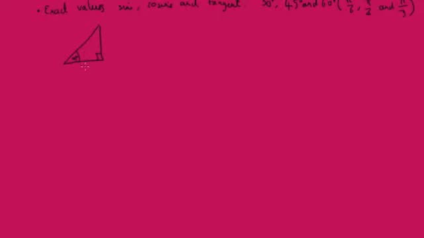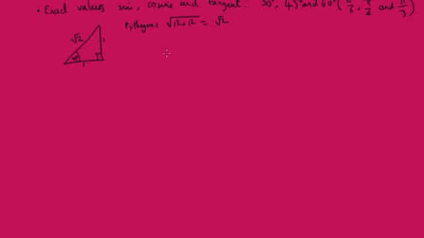So we must have an isosceles triangle, and for making it easy, let's make these two sides 1, and we can use Pythagoras to find the hypotenuse. So that would be the square root of 1 squared plus 1 squared equals the square root of 2. So this is the square root of 2.